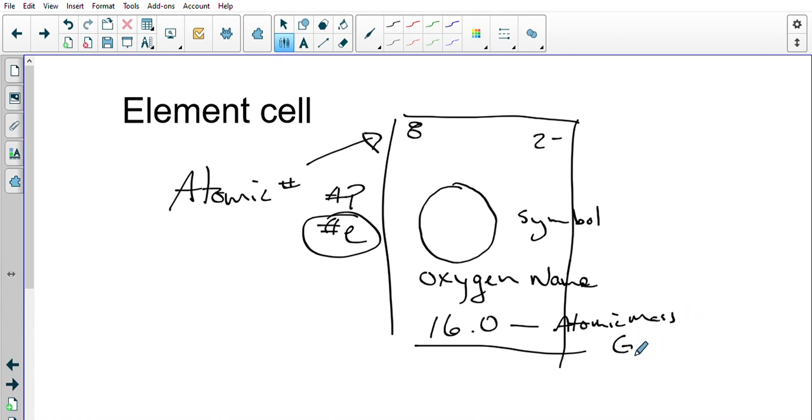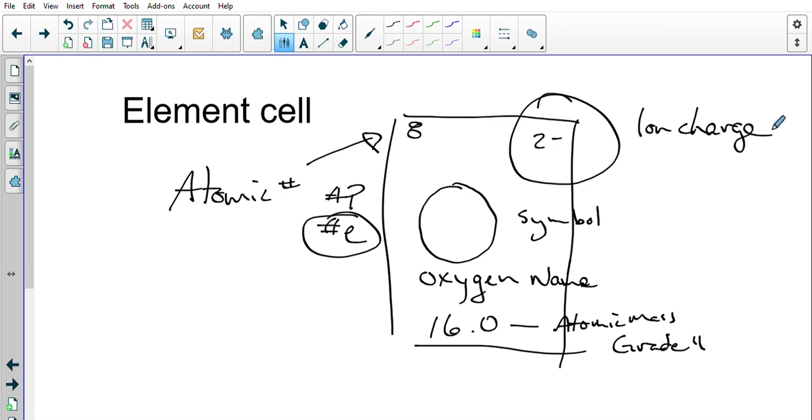Now, again, grade 11, we deal more with that. And then up here, we have the possible ion charges. So this tells us oxygen will take on a -2 charge. So we can talk about an oxygen atom, or we can talk about an oxygen ion. So this would be an atom, and this would be an ion.